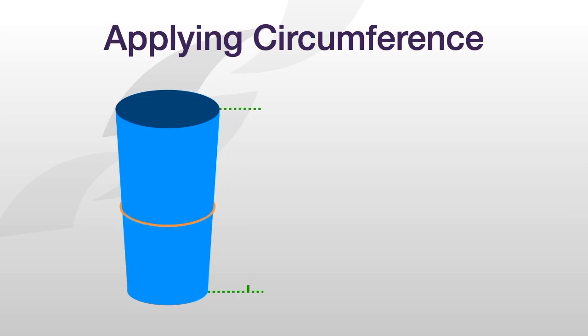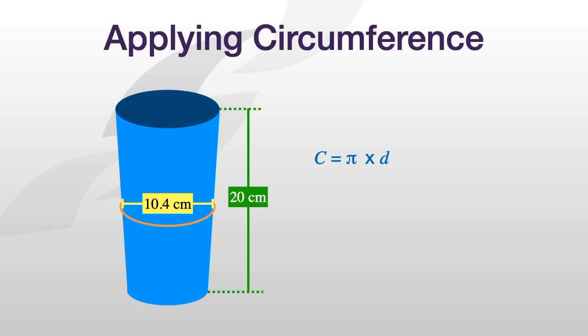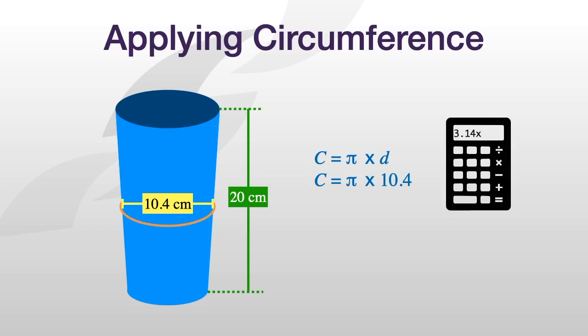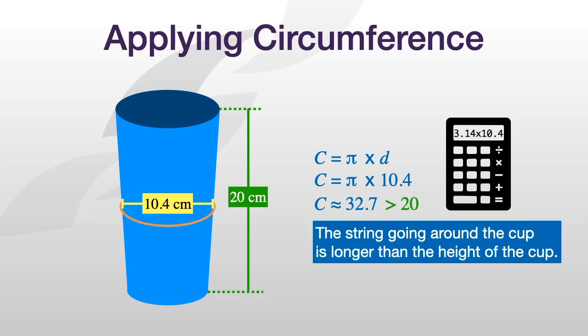Suppose this cup has a height of 20 centimeters and that the diameter of the circle going around the cup is 10.4 centimeters. The circumference is pi times the diameter, which is pi times 10.4. Using a calculator, this gives that the circumference is about 32.7 centimeters, which is greater than 20. So the string going around the cup is longer than the height of the cup.